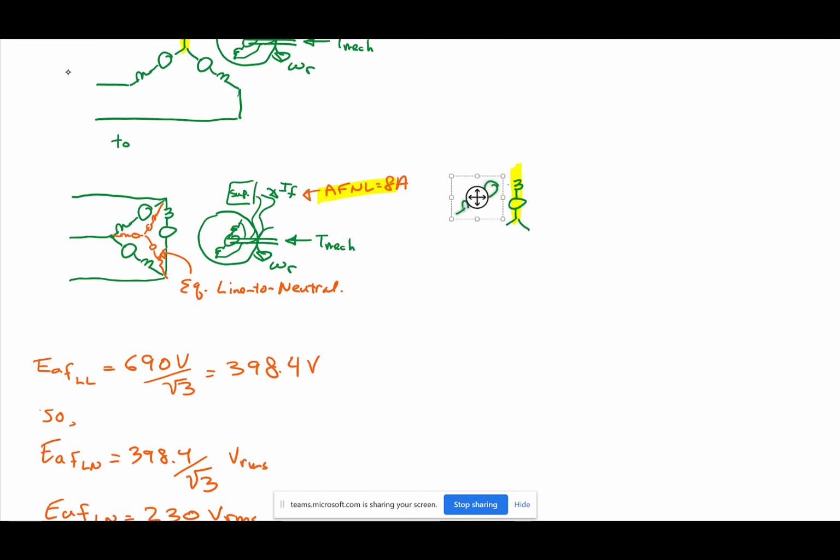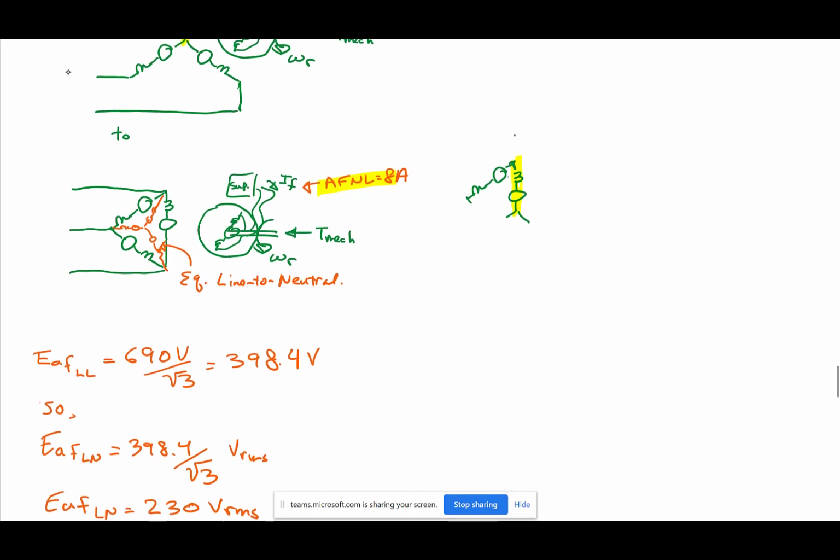That's really what you're doing. Essentially this physical phase is being moved into a different position.